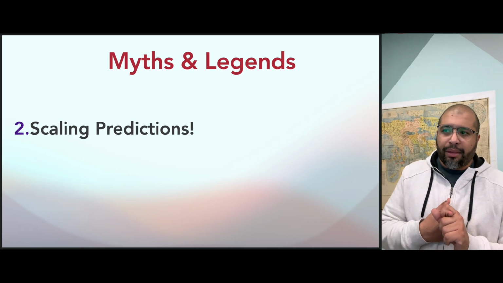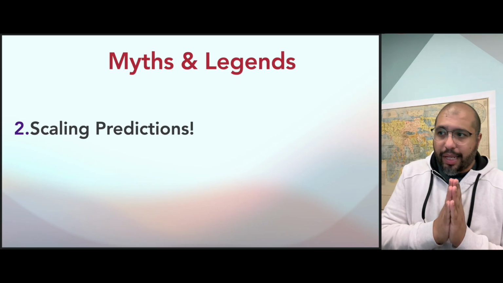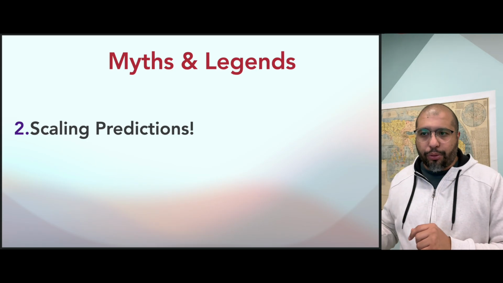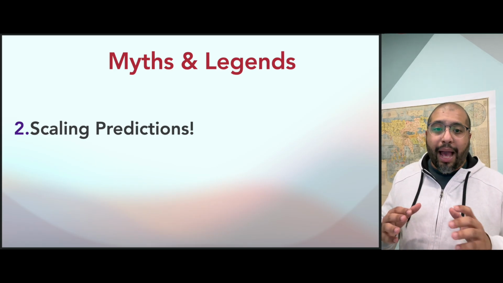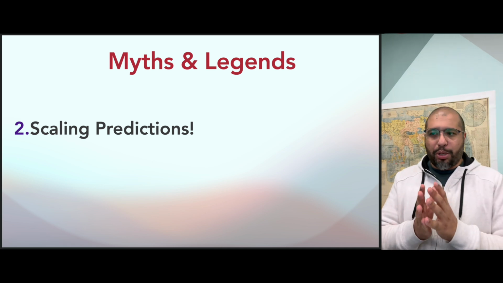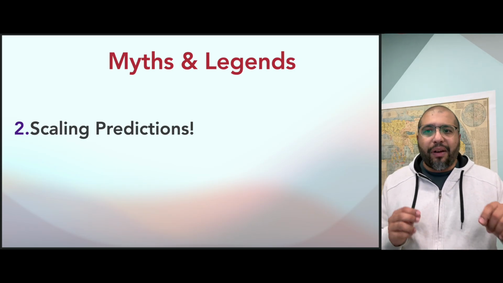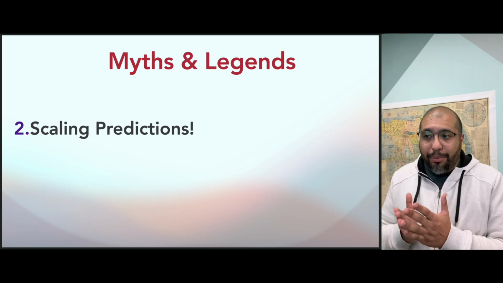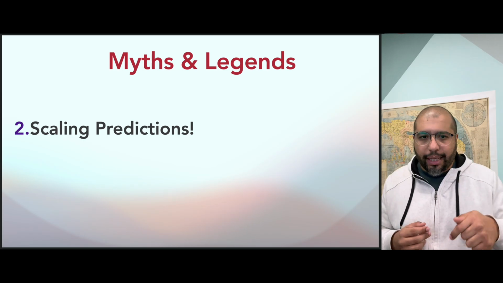The second myth is similar to the first one, and it is regarding scaling. In the same way the ATAR cannot be predicted accurately, scaling also cannot be predicted at all sometimes. There is no set formula that is used to scale up or down subjects. And there is no predefined criteria that distinguishes between hard subjects that will be scaled up and easy subjects that will be scaled down.